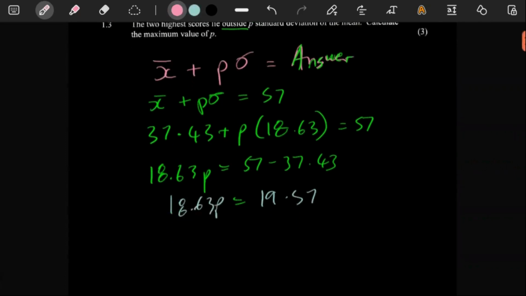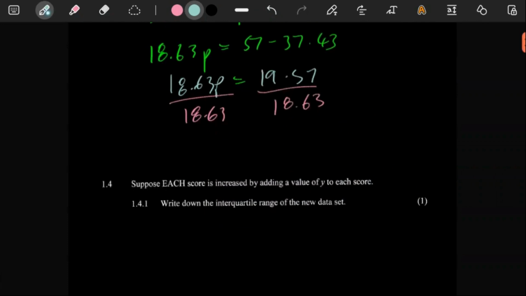Gonna divide both sides by 18.63. This cancels this, and your value of p there is what? 19.57 divided by 18.63 in the calculator is going to be 1.05. You see.